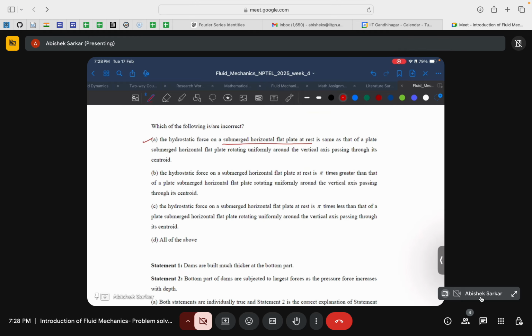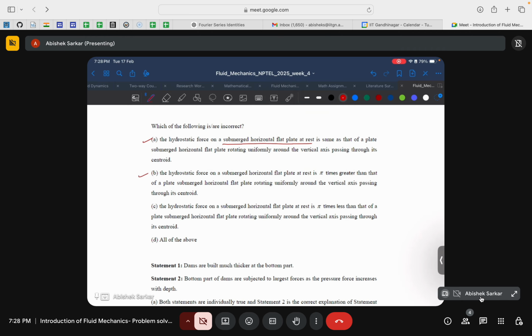That's the first statement. Something like this: this will be the flat plate and it is rotating around the vertical axis. This is what the question asks.